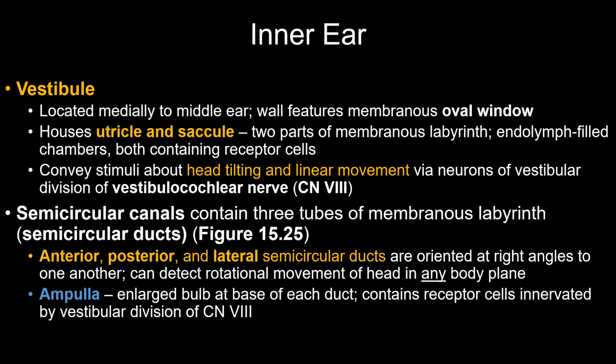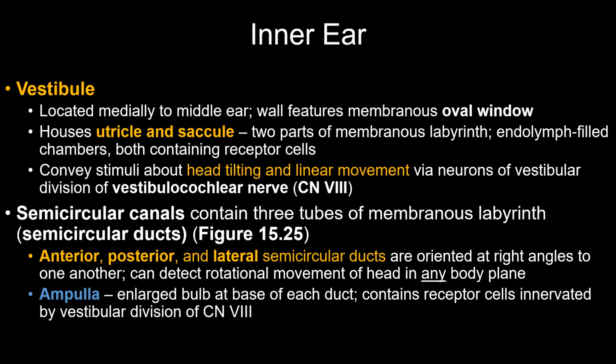These chambers contain receptor cells that detect head tilting as well as linear movement. And these receptor cells transmit those stimuli to neurons that form the vestibular portion of the vestibulocochlear nerve, cranial nerve number 8, if you remember.